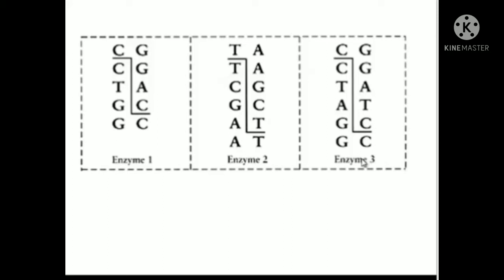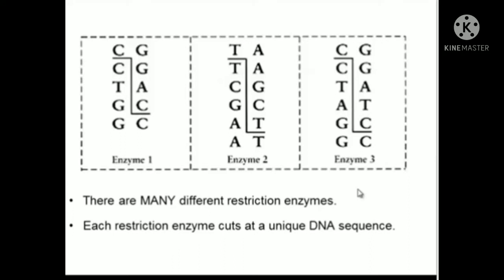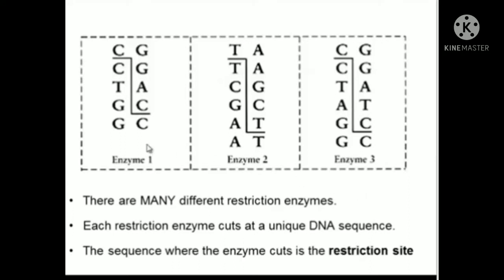And this enzyme will only cut DNA when it sees the sequence CCTAGG. The other thing to know about restriction enzymes is that many of them cut unevenly, at what is known as a restriction site. So let's take a closer look at how the restriction enzyme cuts unevenly.